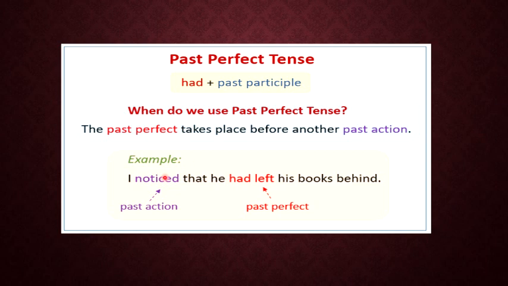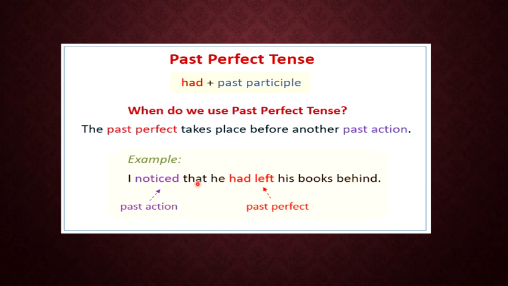Now just see the example. I noticed that he had left his books behind. So again there are two actions going on. The one action is of noticing, right? Notice means that you saw something. And the second action is had left the books. Now just see which action will happen first.